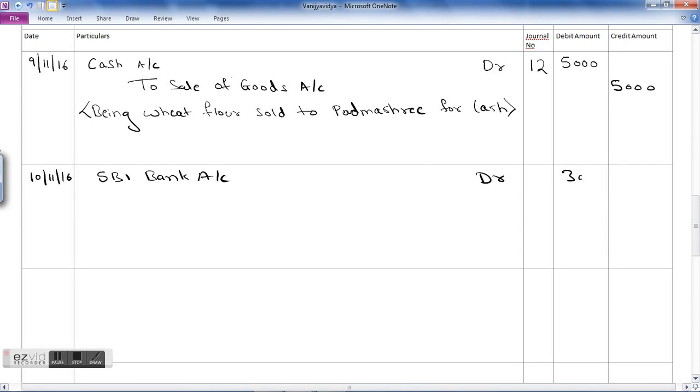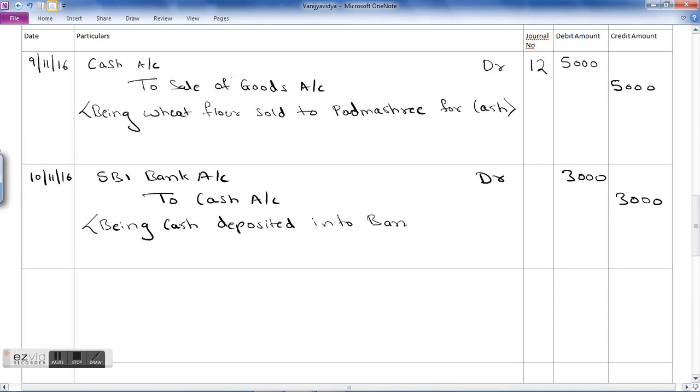Being cash deposited to bank. What is the transaction number? 13. When bank account is debited and cash account is credited, or vice versa, this type of entry is known as contra entry.